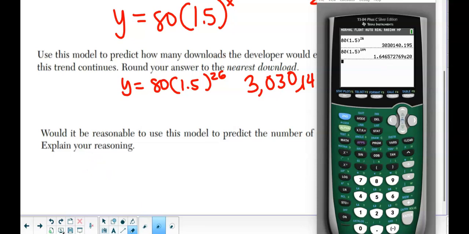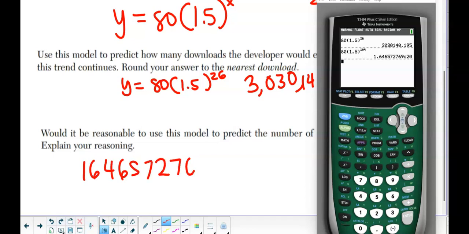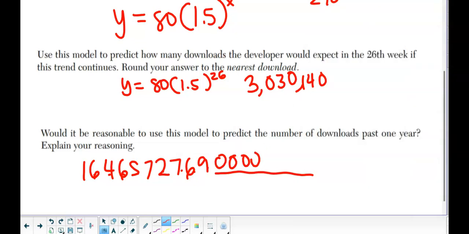So we'd have like a 1, a 6, 4, 5, 6, 4, 6, 5, 7, 2, 7, 6, 9. That's 1, 2, 3, 4, 5, 6, 7, 8, 9. So we would need 11 more zeros, and then we'd have a decimal point.